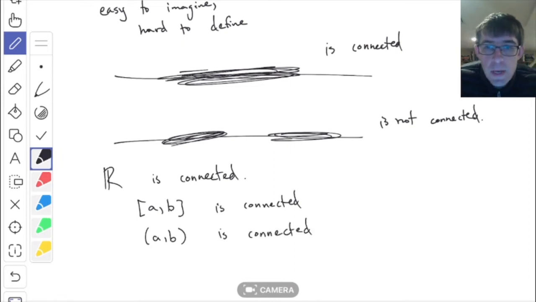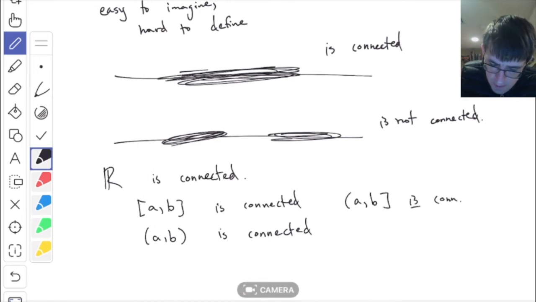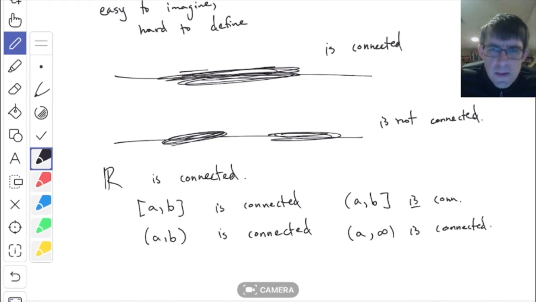The open interval a to b is also connected, or even open on one side, closed on another side, right? This is connected. Even if it were infinite on one side, right? This is connected. I didn't tell the definition of connected yet because it's a little weird, but you should imagine if you just look at a picture of these, it looks like it's all in one piece. It's not split out into two pieces.